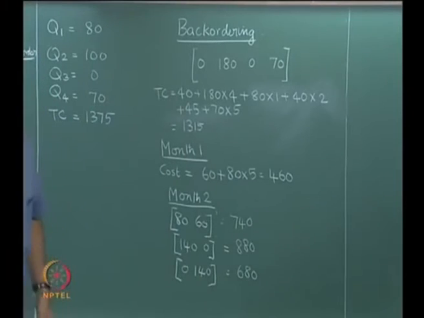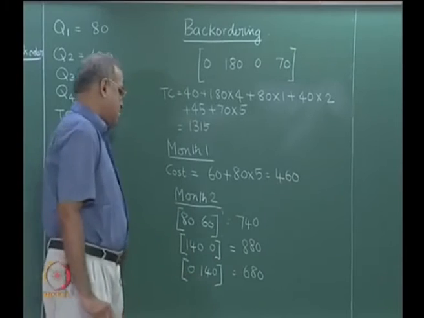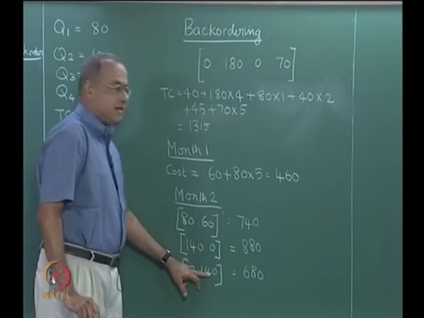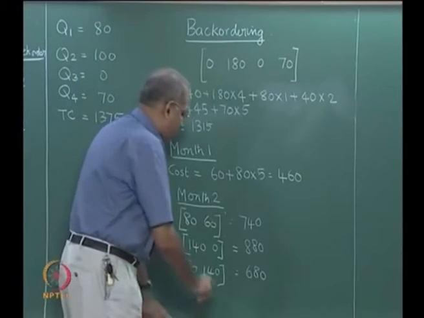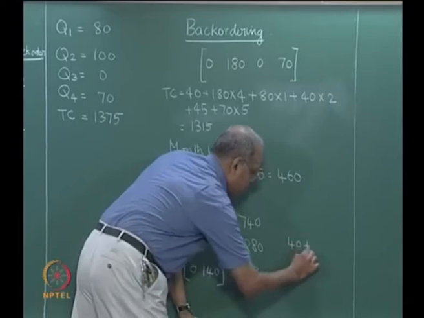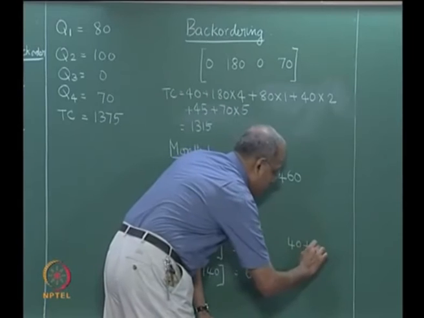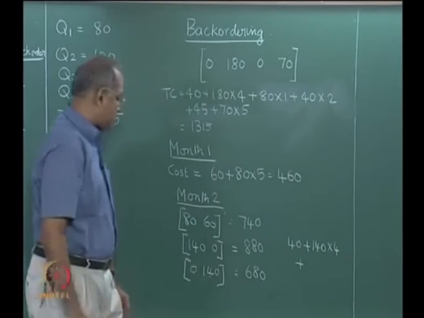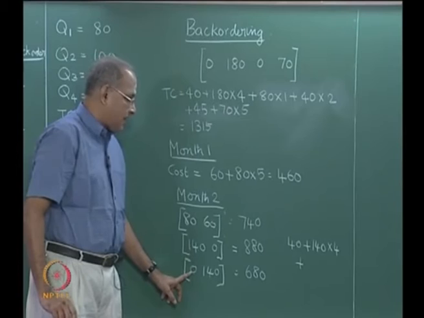So, let me explain the computation of this cost, because this involves back ordering. So, we produce all the 140 in the second month and we meet the demand of 80 of the first month and 60 of the second. So, cost to produce this 140, there is a setup cost of 40 plus there is a production cost of 140 into 4 plus this 80 of the first month is back ordered.